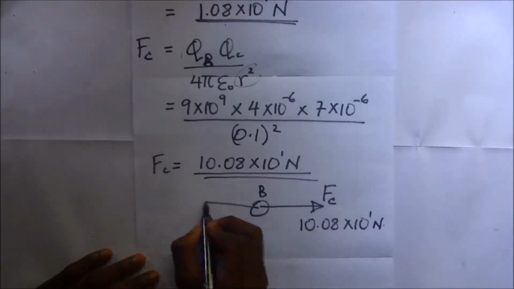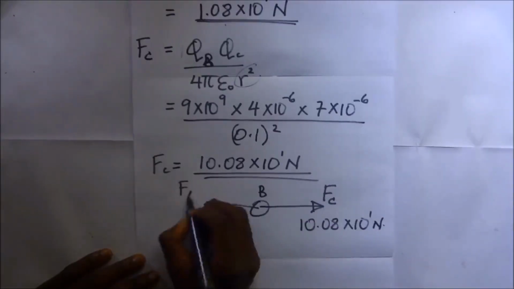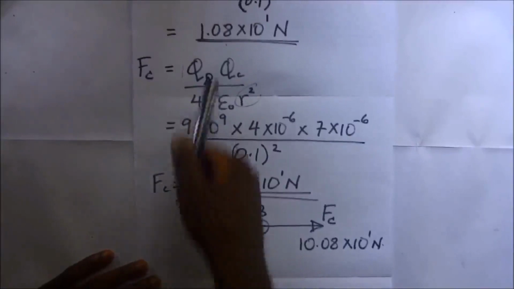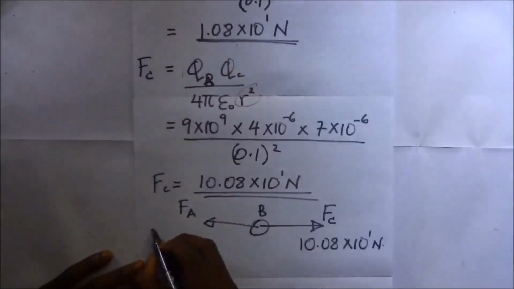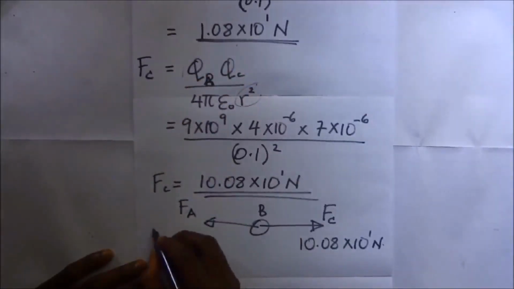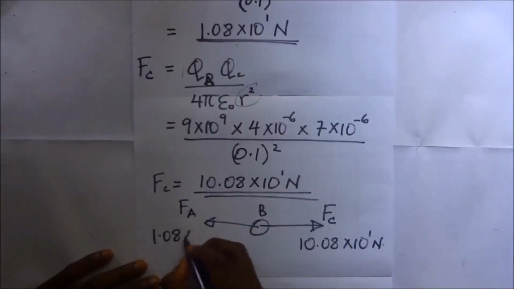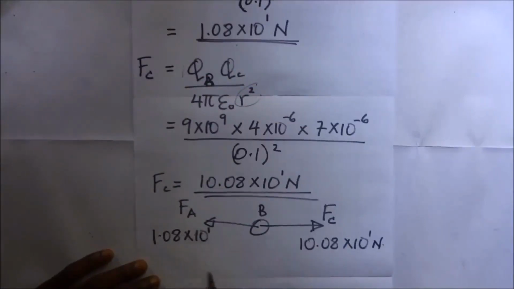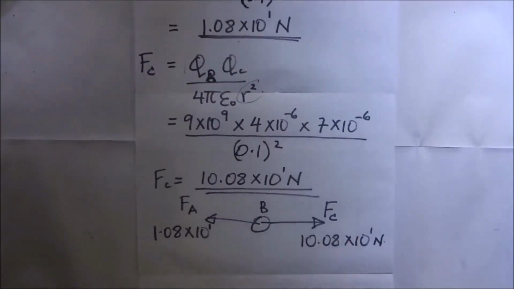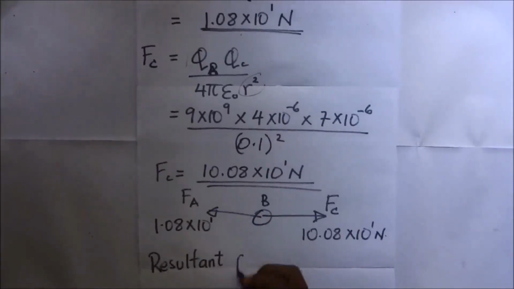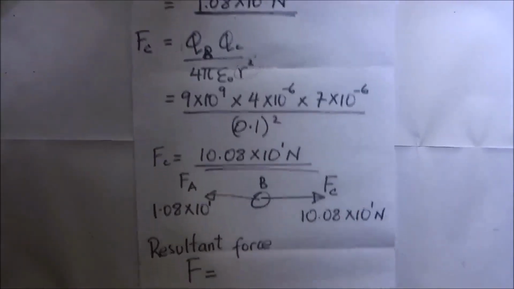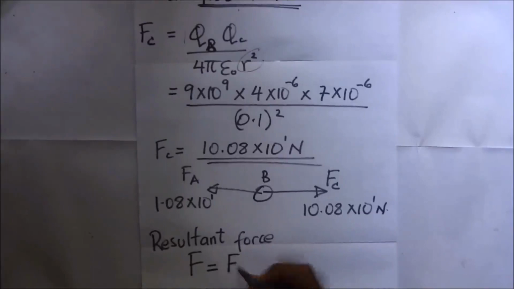It is also experiencing a force due to particle A, which we already got as 1.08 times 10 to the power 1. So to find the resultant force, F is simply going to be the larger force, which is FC, minus the smaller one, which is FA.